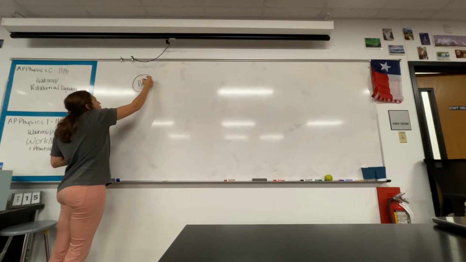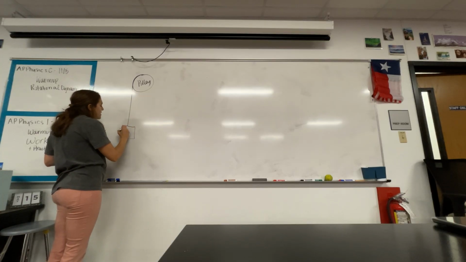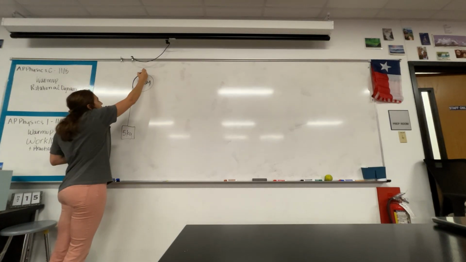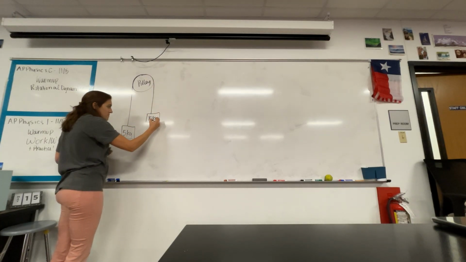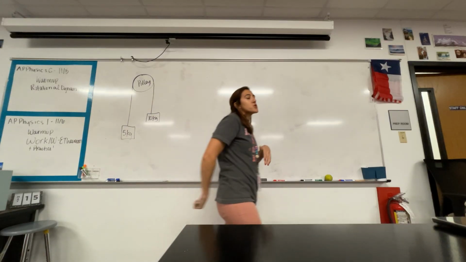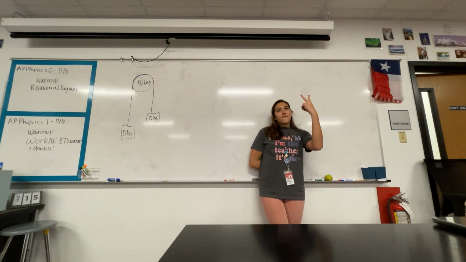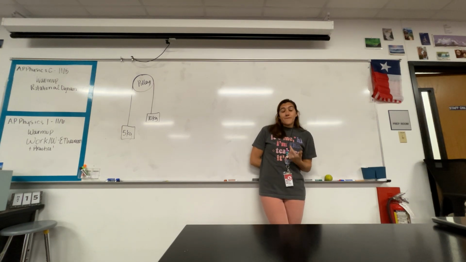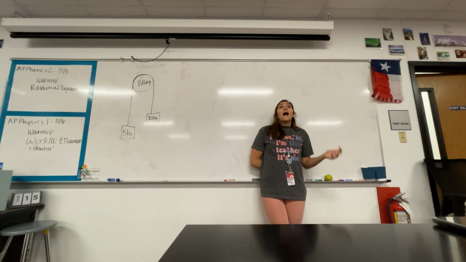Now, when we talked about Atwood machines in linear land, we always said that these were on a massless, frictionless pulley, and there was a reason for that. It mattered. We're about to see that having a non-massless pulley is going to cause my acceleration to change, okay?